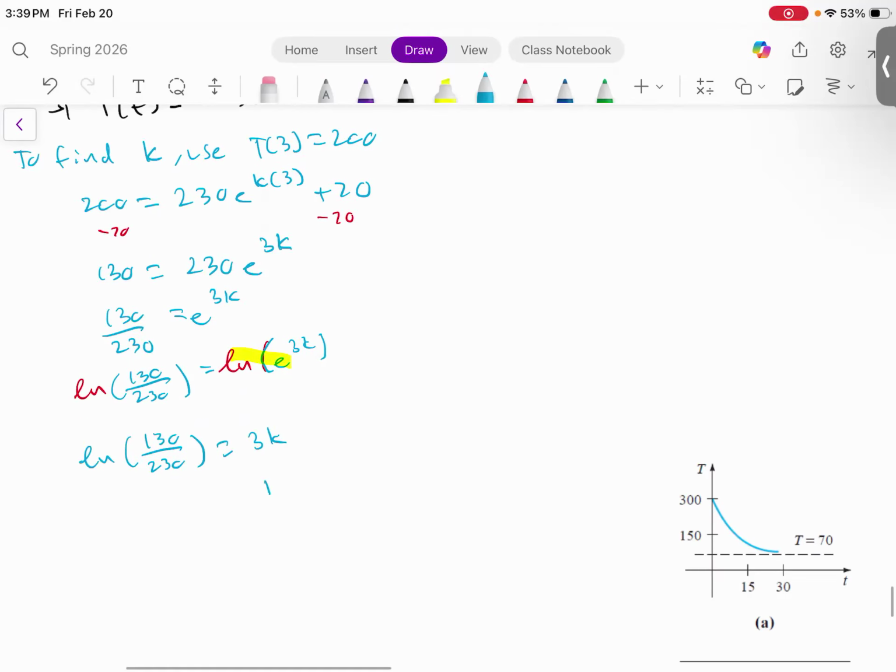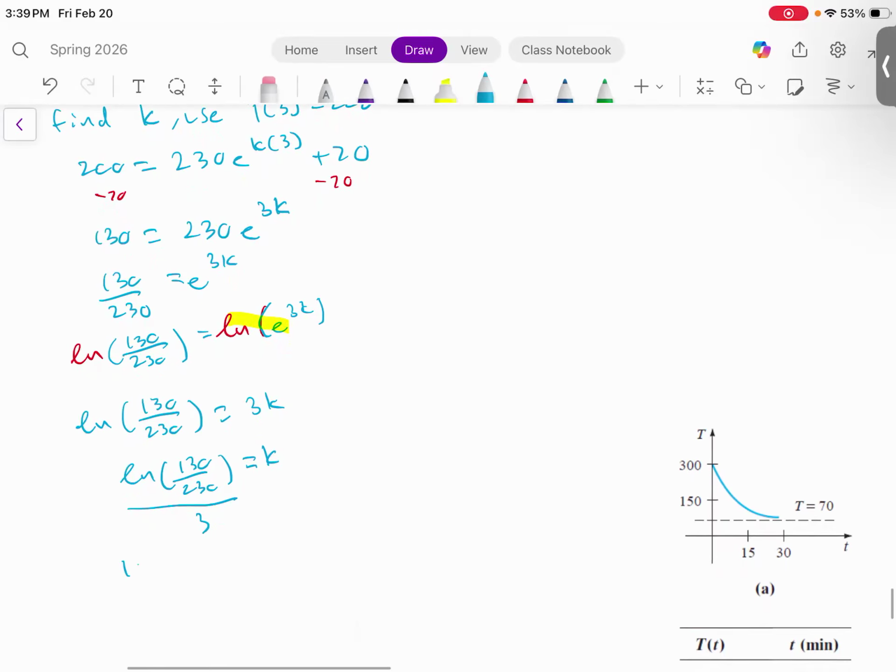Then we divide 3 over to both sides. Divided by 3, what we end up with is k is approximately, if you throw this in your calculator, 0.19018.